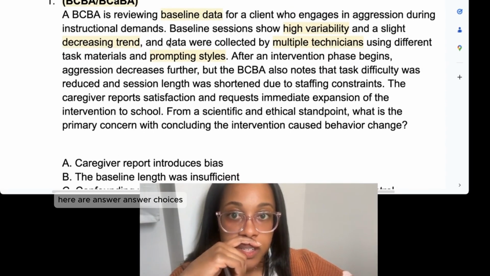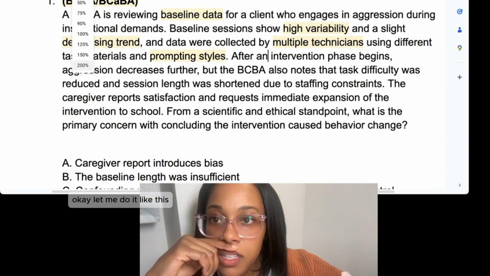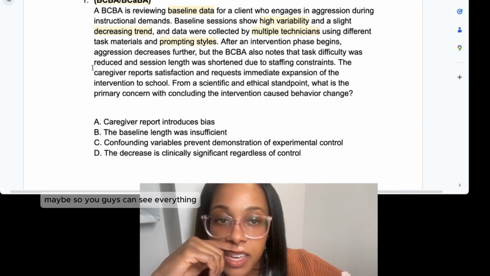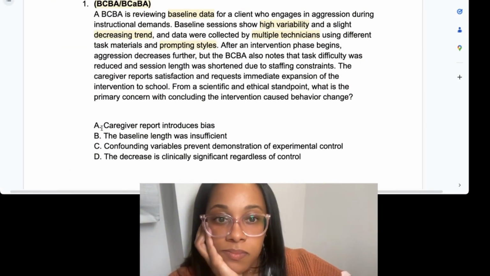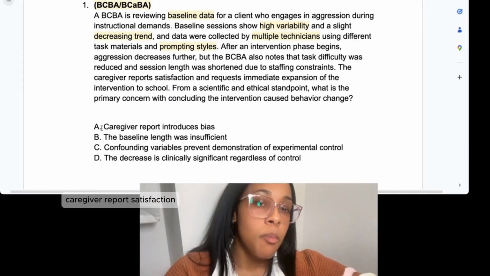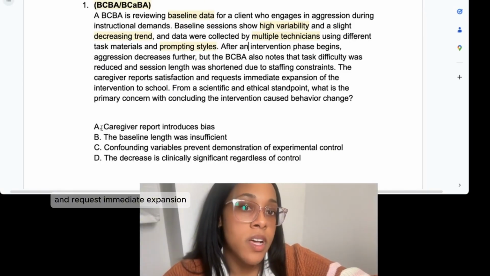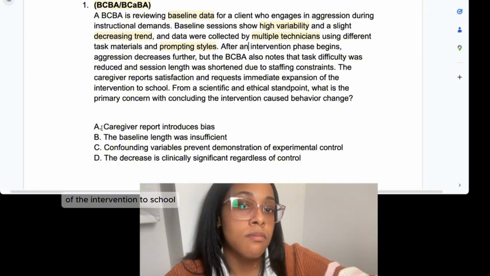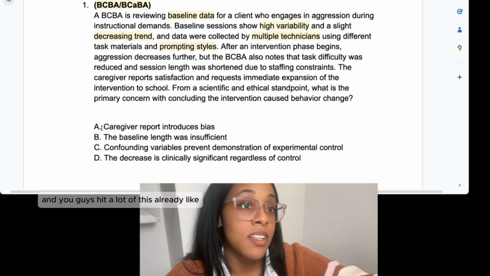Here are the answer choices. Okay, let me do it like this maybe so you guys can see everything. The caregiver reports satisfaction and requests immediate expansion of the intervention to school. What is the primary concern with concluding the intervention caused behavior change? And you guys hit a lot of this already.